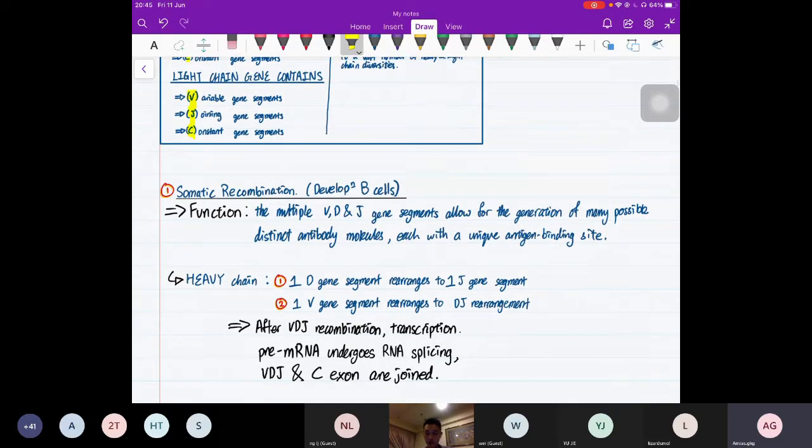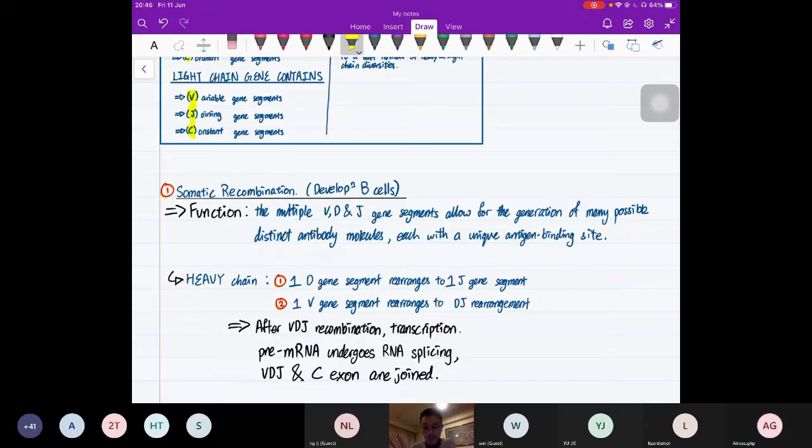The function of somatic recombination is so that your multiple V, D, and J gene segments can allow for the generation of many antibodies, and each of those many antibodies has a unique antigen binding site. That's the whole function of somatic recombination.